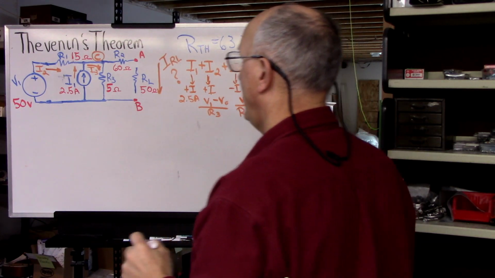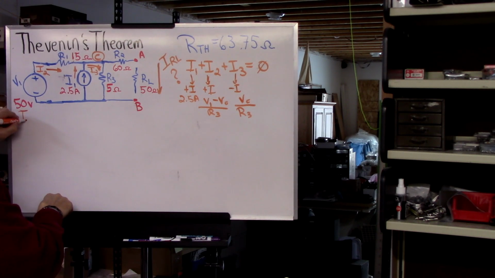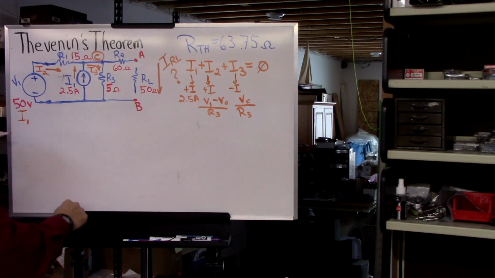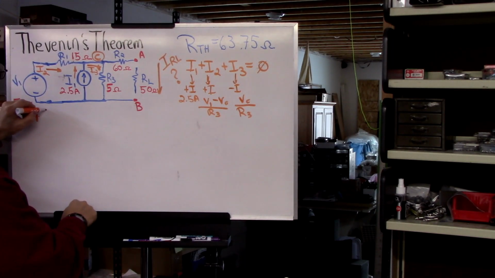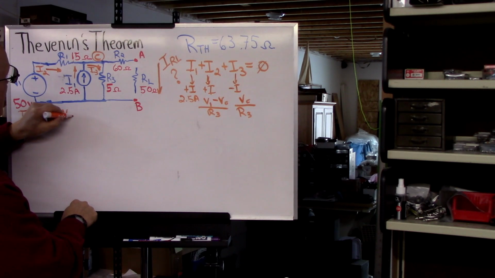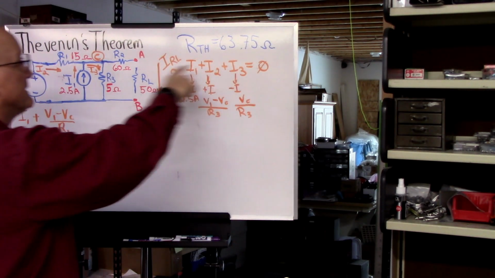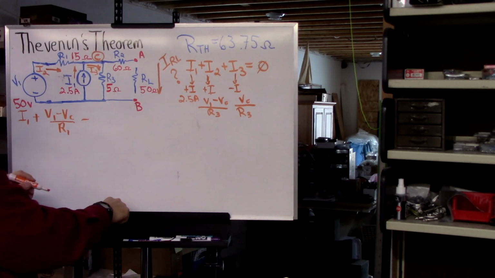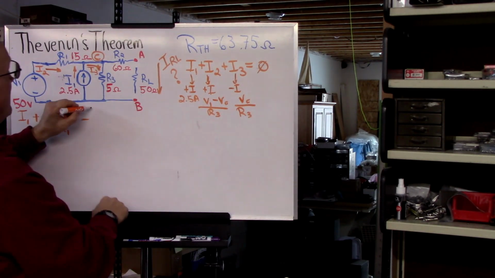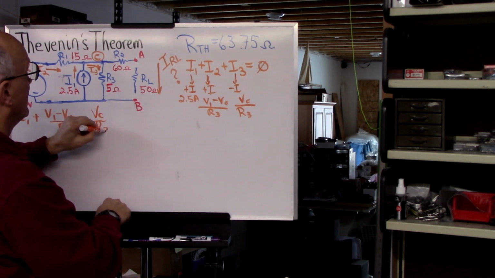Now let's put it back into our KCL. So it's I1, which we know is 2.5 amps, plus I2, which is V1 minus V at C divided by R1. Now I3 is negative, so we have minus the voltage across this, VC, divided by R3.